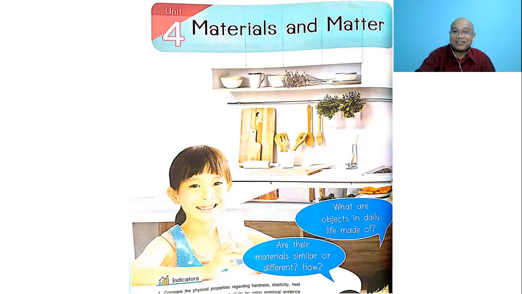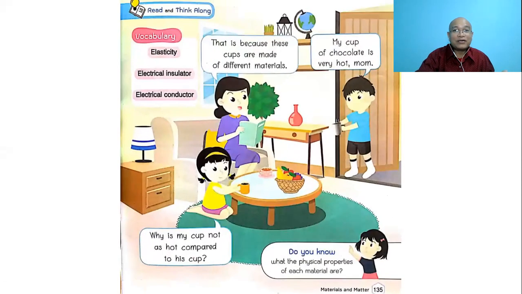How? Okay, and so here we are learning some vocabulary, like the meaning of words, like elasticity, like the rubber band, electrical insulator, you know, the covering of the electrical wire.